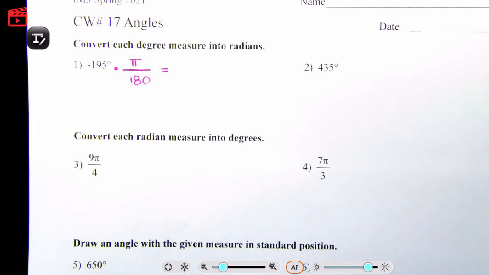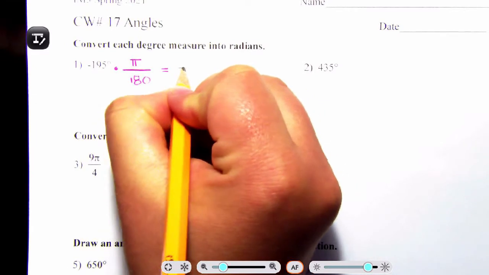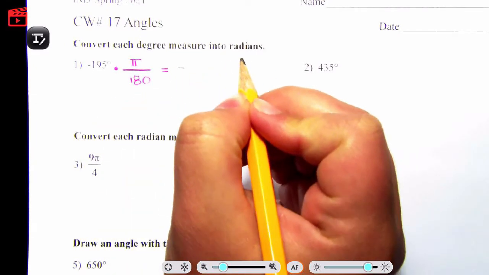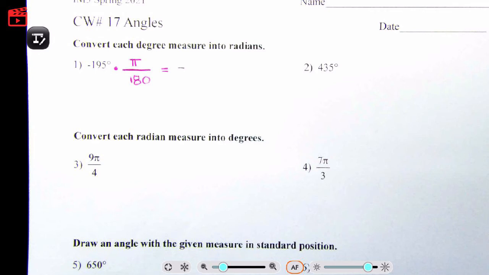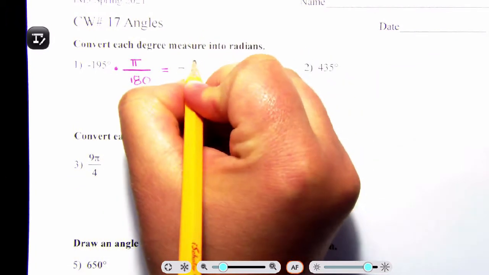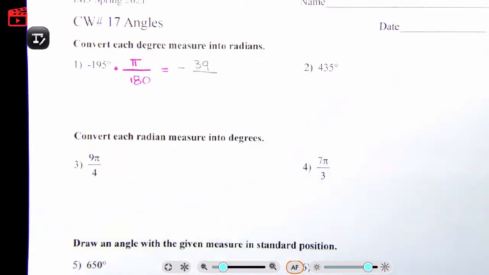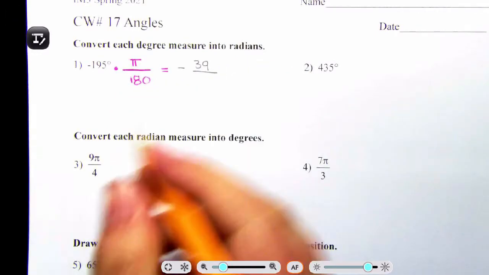So I'm using my calculator. 195 times pi. And I want the exact answer, so I'm going to simplify the fraction first, and then add pi to it, because my calculator is going to go for a rounded answer versus an exact one. So 195 divided by 5 is 39. 180 divided by 5 is 36.